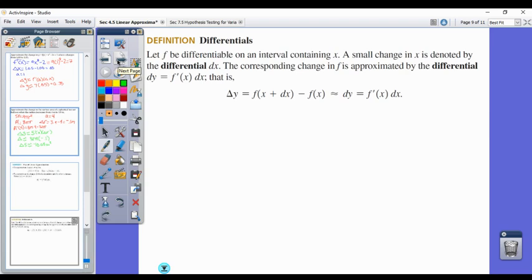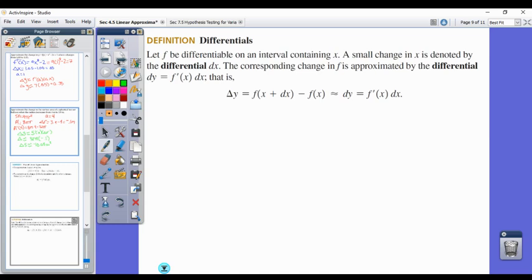Okay, so if f is a differentiable function on some interval that contains x, a small change in x is denoted by the differential dx. The corresponding change in f is approximated by the differential dy, and dy is going to be equal to the derivative of the function with respect to x times dx.